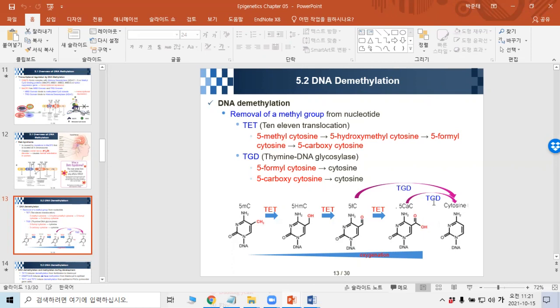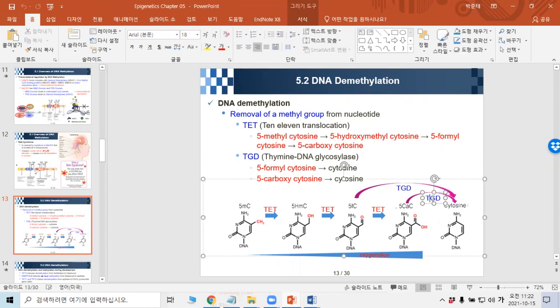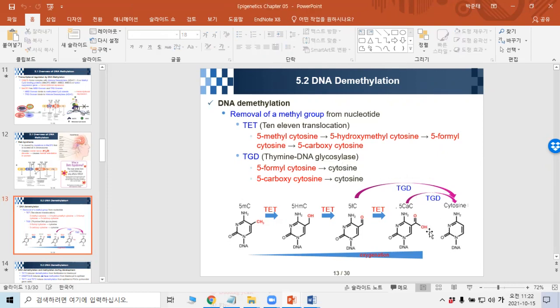Then TDG can remove this group. The main function of TDG, they have two functions. They remove the 5-formyl group from the 5-formylcytosine, and also they have another function, remove the 5-carboxyl group.